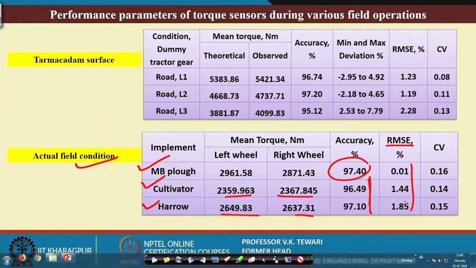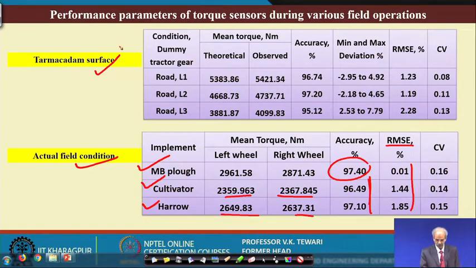It was also tested on a tar macadam road. That means, on that condition, when we have a certain load, on the tar macadam road you can put either a trailer or whatever, and then on the road you can have L1, L2 and L3. These are the surface conditions, and then what are the values that we have got, theoretical values and observed values.